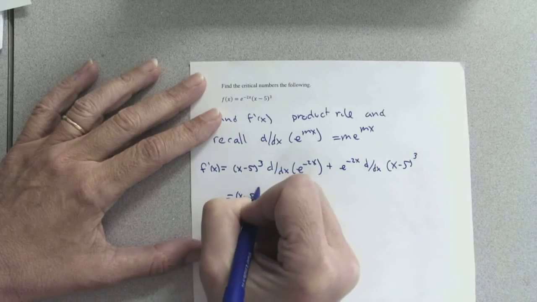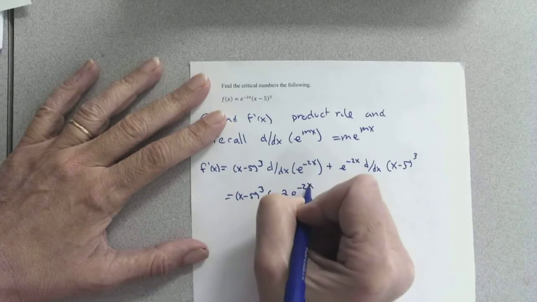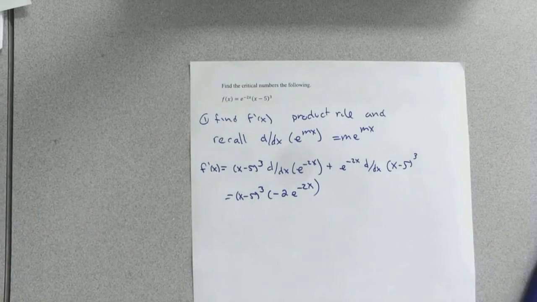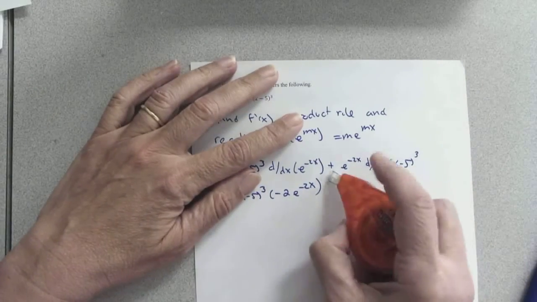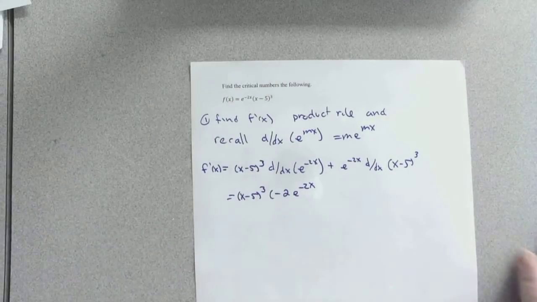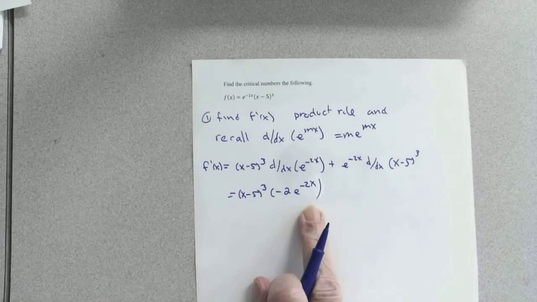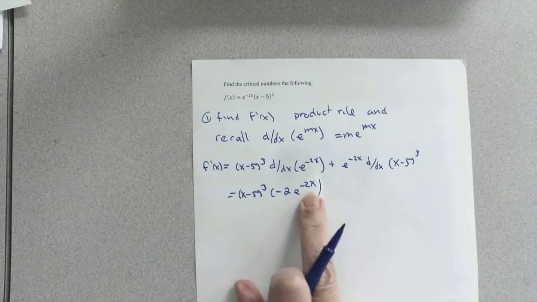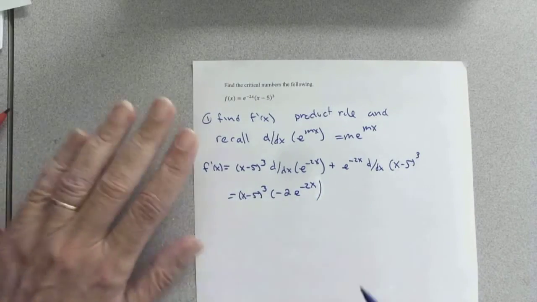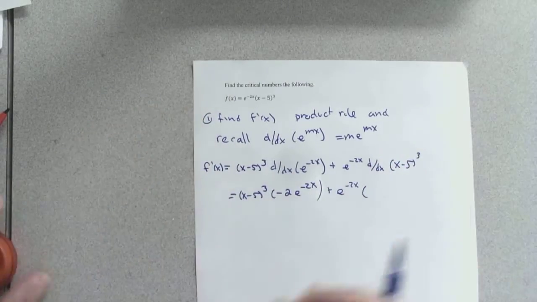Then doing that, that's x minus 5 quantity cubed, -2 e to the 2x, and if you don't remember that part, you can remember repeats derivative of the exponent, and then e to the -2x.